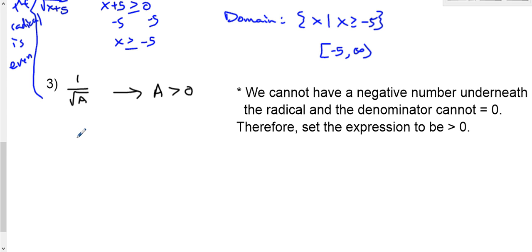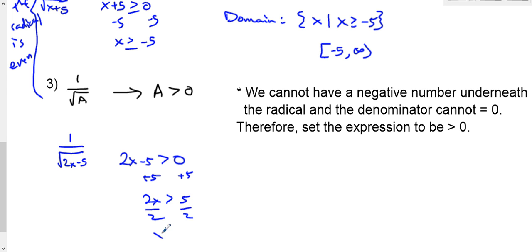All right, so let's look at an example for this third restriction. If we have 1 over the square root of, let's say 2x minus 5, that would mean I take 2x minus 5, which has to be greater than 0. I would add 5. I would get 2x greater than 5, and then divide by 2 to get x is greater than 2 and 1/2.